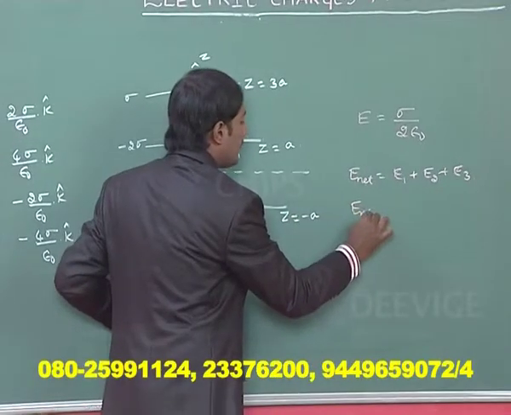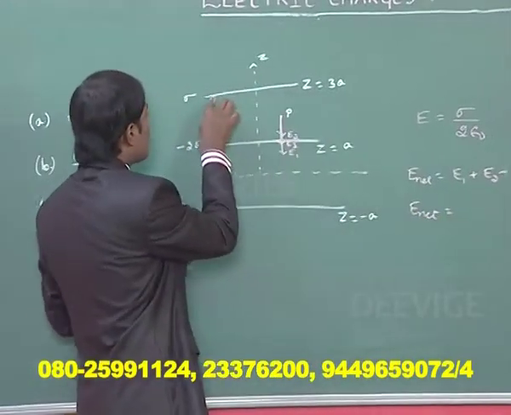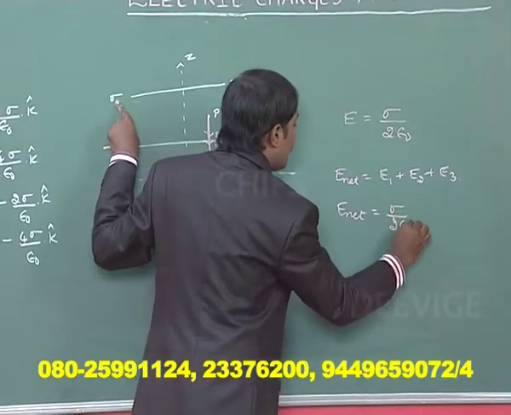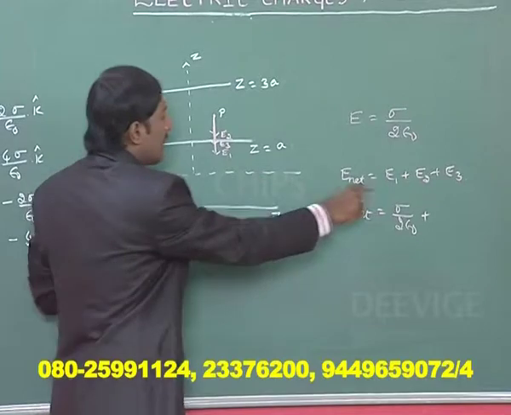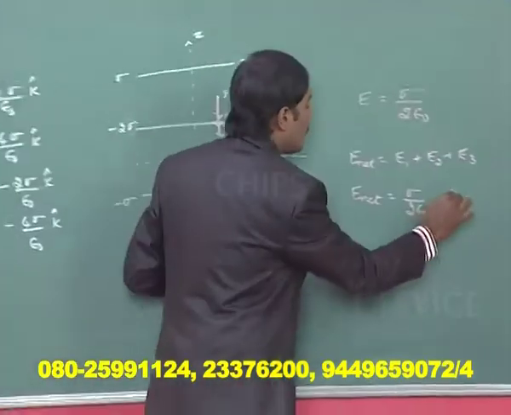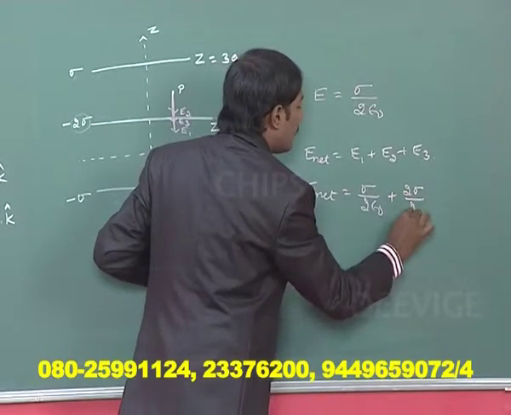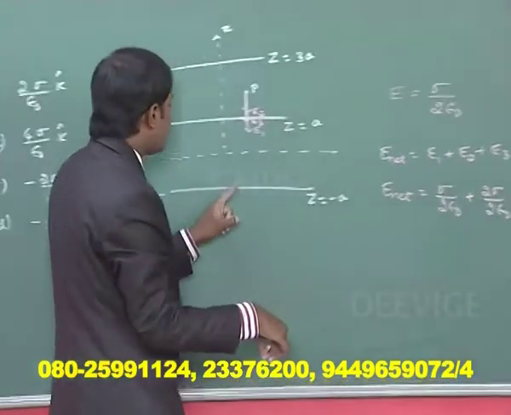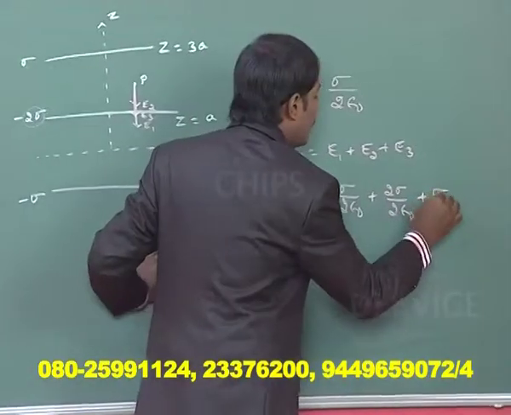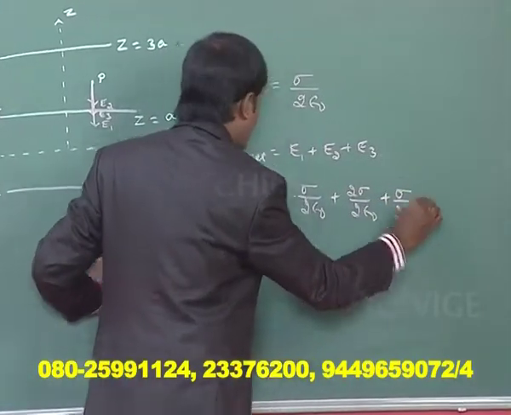So the net field is equal to E1, due to the first plate with surface charge density sigma, sigma by 2 epsilon naught, which is independent of the distance, plus E2, the field due to the surface charge density of 2 sigma, so 2 sigma by 2 epsilon naught, plus E3 because of the third plate having a surface charge density of sigma, so sigma by 2 epsilon naught.